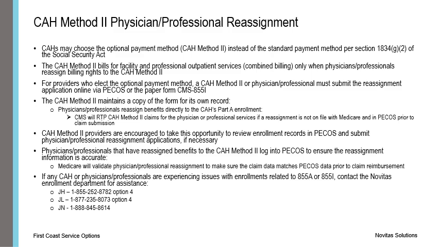CAH Method 2 providers are encouraged to take this opportunity to review enrollment records in PECOS and submit the physician or professional reassignment applications if necessary. Remember, you have to reassign for outpatient services on a Method 2 to the Critical Access Hospital NPI and CCN.